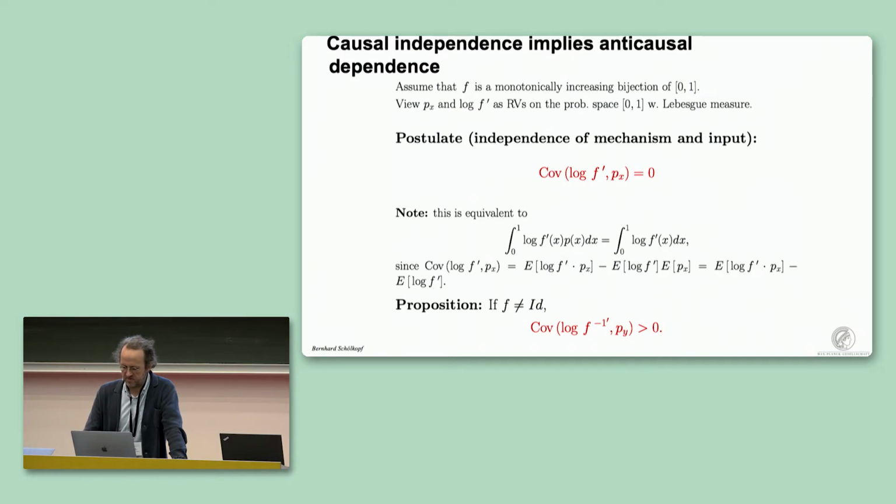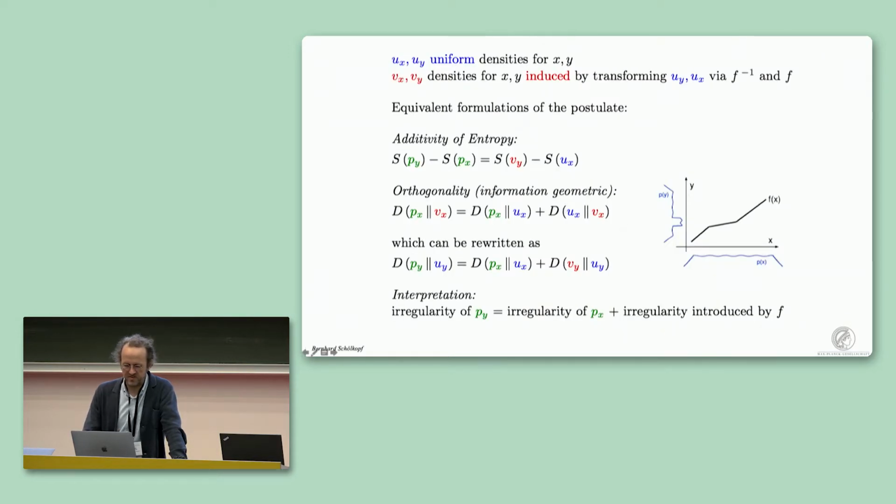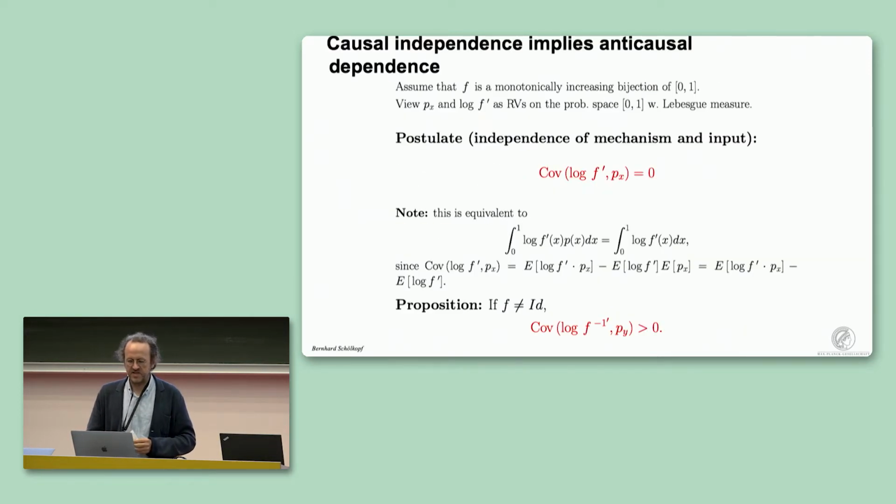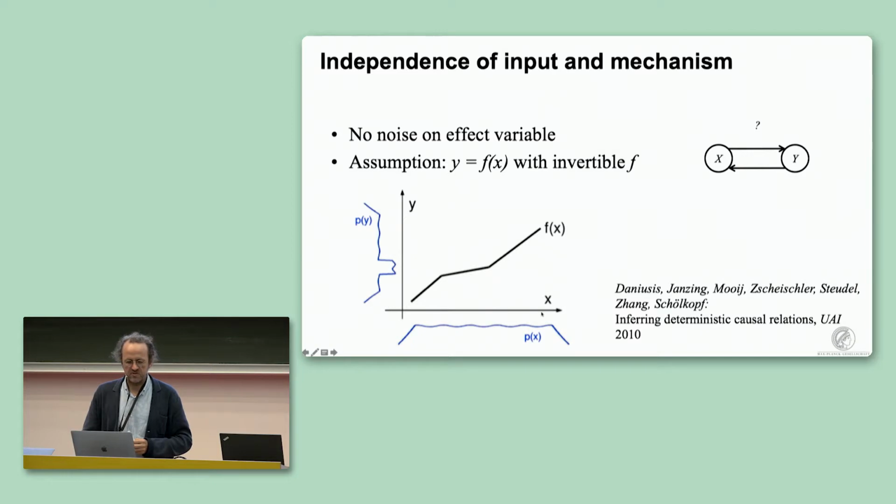At this point, one can analyze this in more detail using information geometry. But I briefly want to mention that this leads to a method to perform cause-effect inference by looking for this dependence between the mechanism and either this distribution or this distribution.